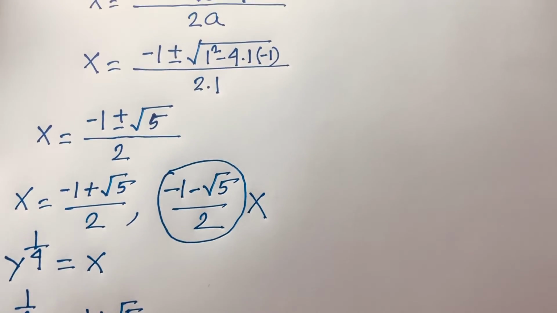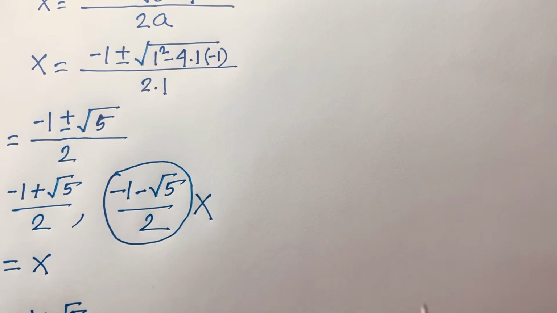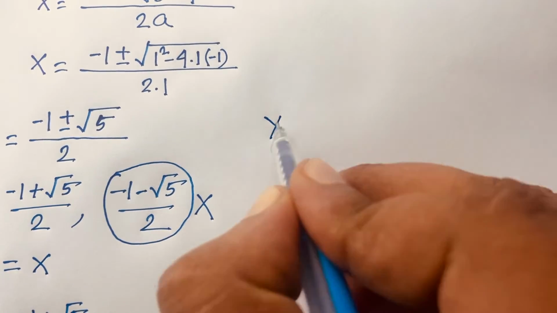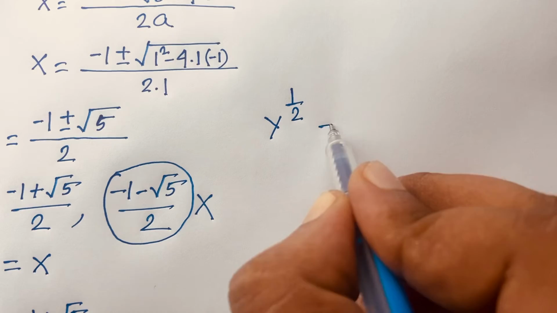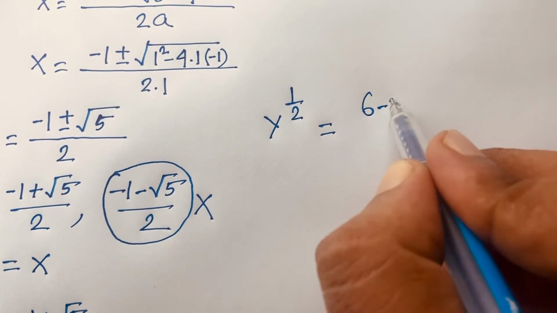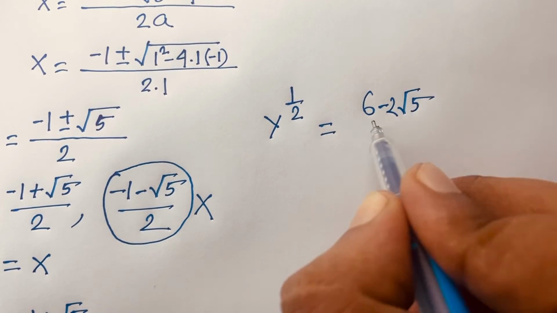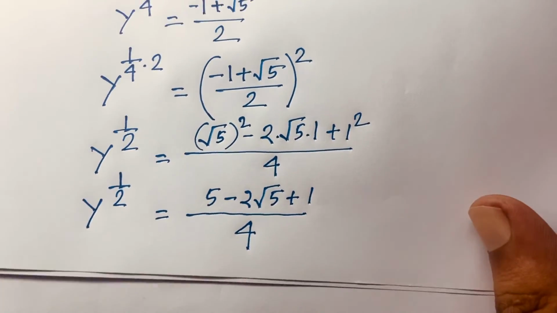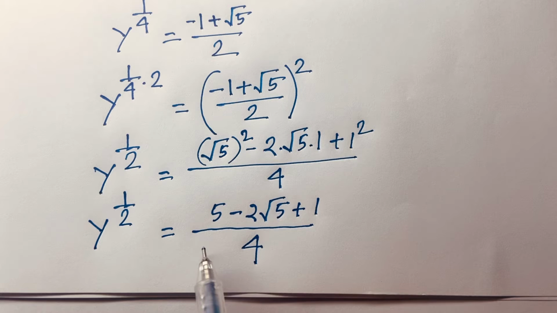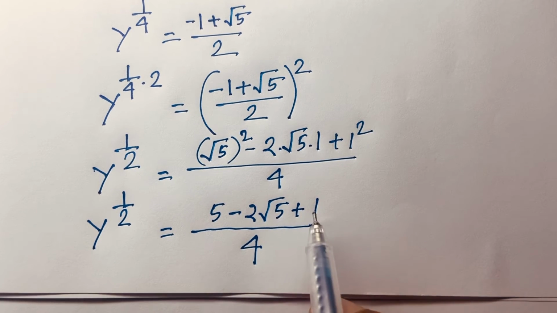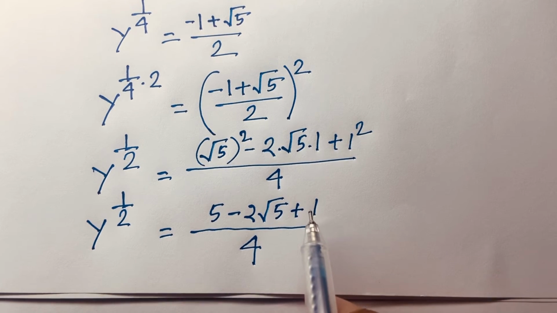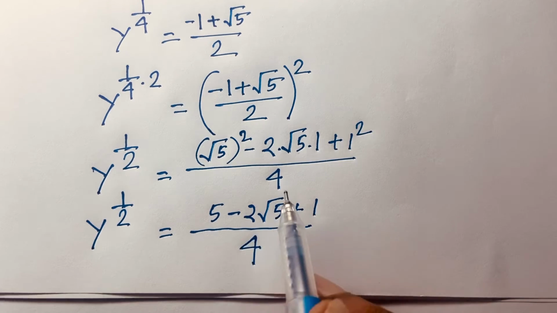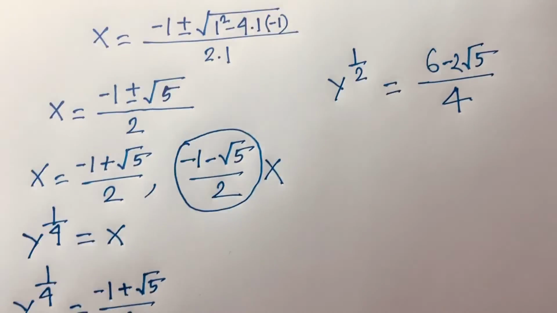So y to the power 1/2 is equal to 6 minus 2 square root 5 over 4. We are finding y to the power half is equal to 5 minus 2 root 5 plus 1 over 4, so 5 plus 1 is 6, and minus 2 square root 5 over 4.